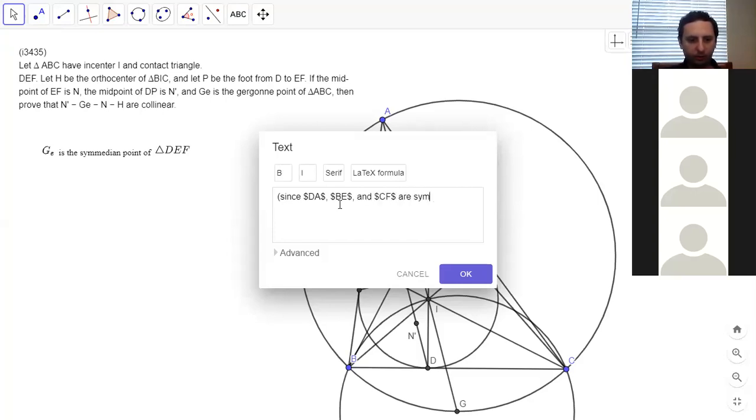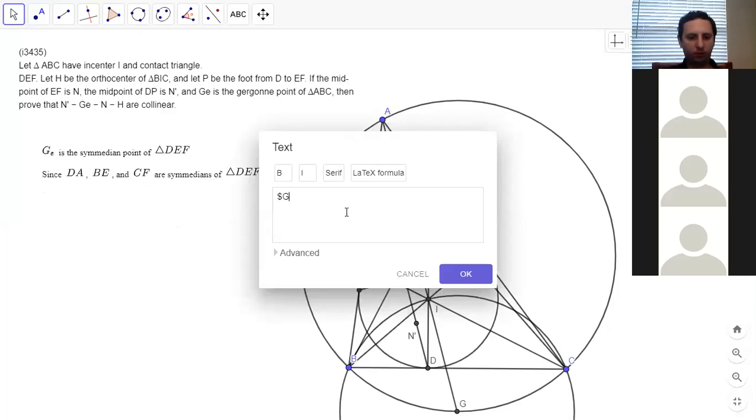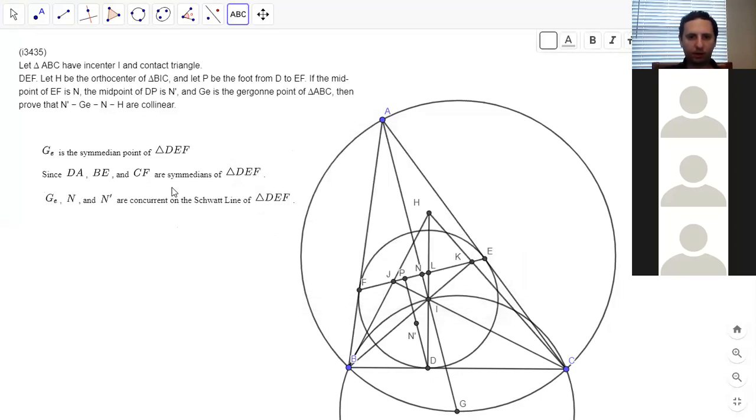I guess that's by definition, but I'm just going to write it. And then, so that means GE, N, and N prime are concurrent on the Schwatt line. So we have that. And then, okay.